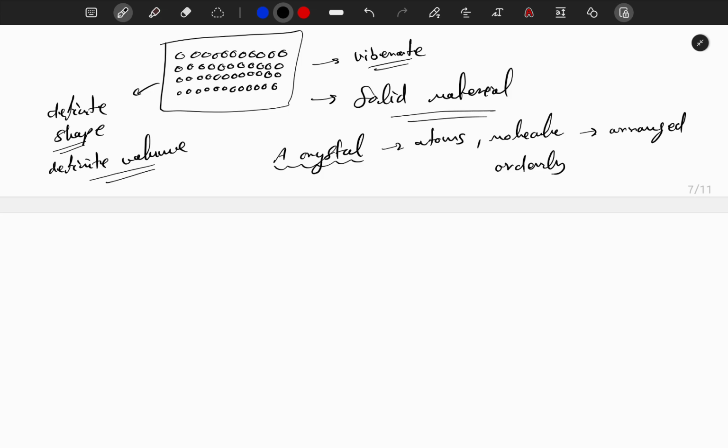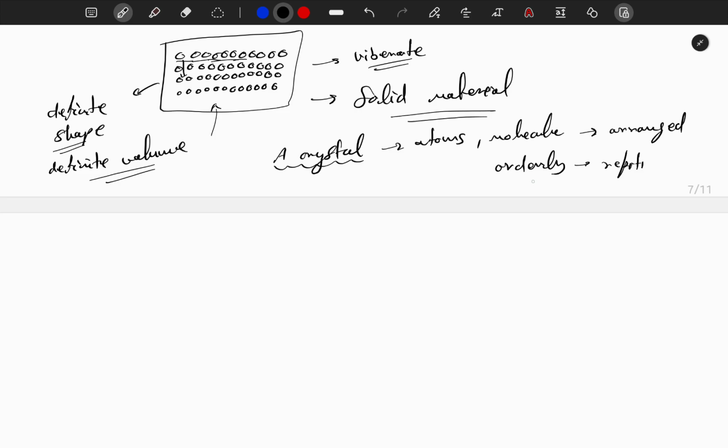And by orderly we mean that they arrange themselves into a repetitive array, like this. This pattern repeats in all directions. Here we are showing it in 2 dimensions, but you can imagine that the pattern is repeating itself into 3D.